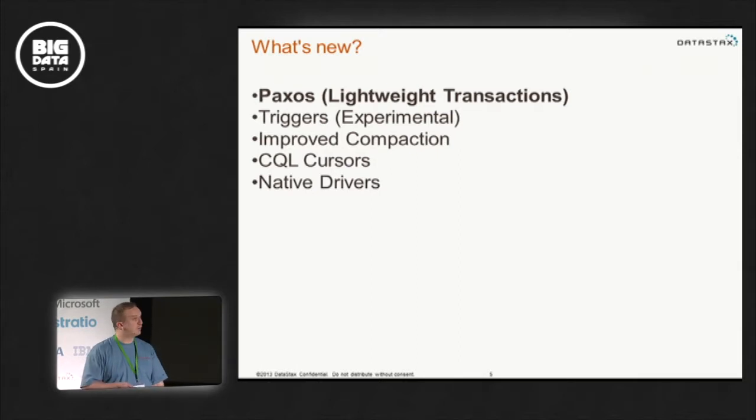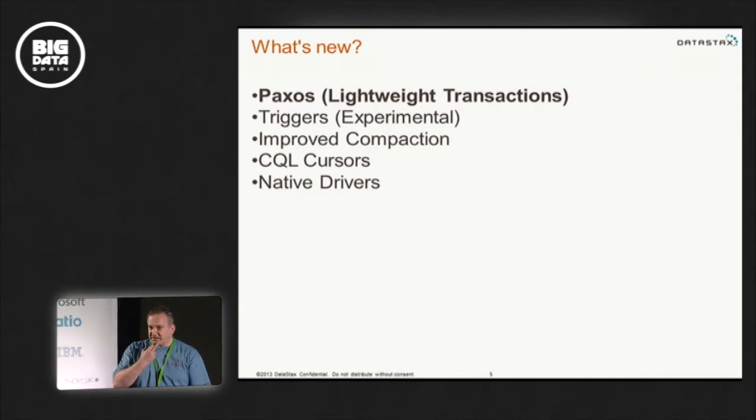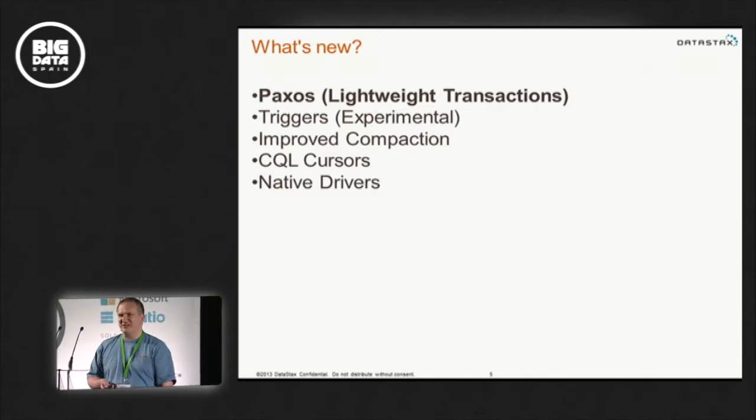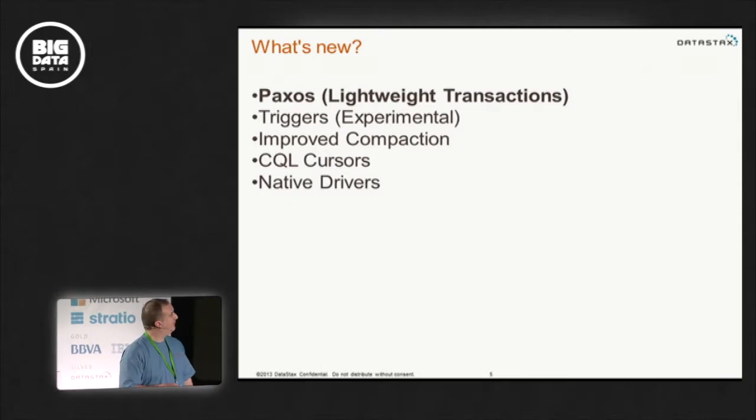We'll talk through that in a lot more detail. We'll also talk about the triggers feature that a couple of our larger customers wanted. That's very experimental at the moment. I wouldn't want to build an enterprise offering around that at the moment, but it's there so that you can see how it would work in the future.